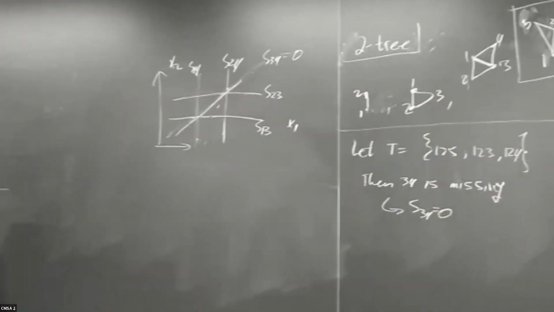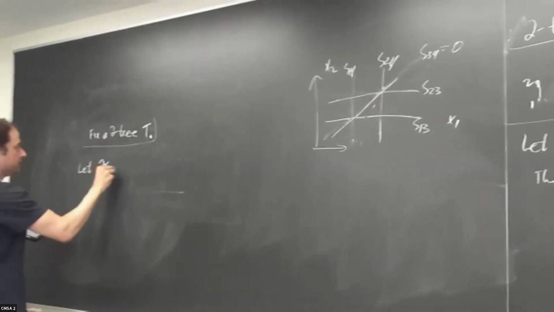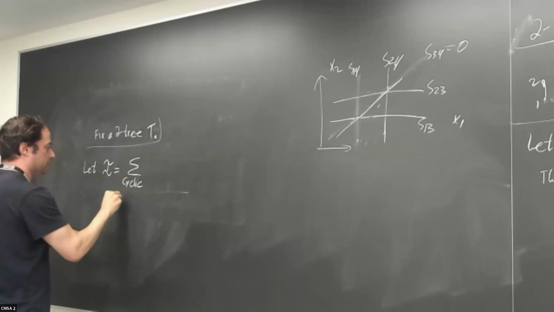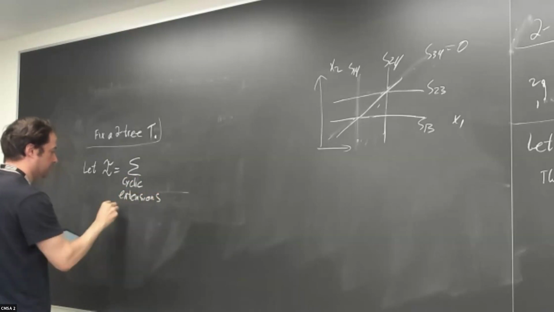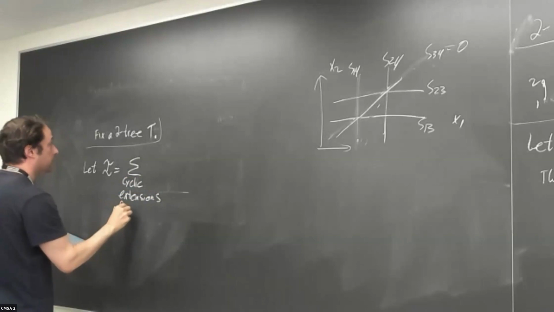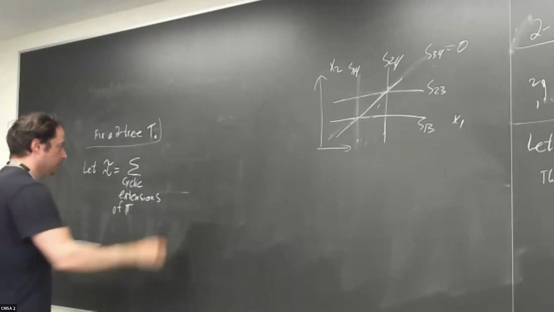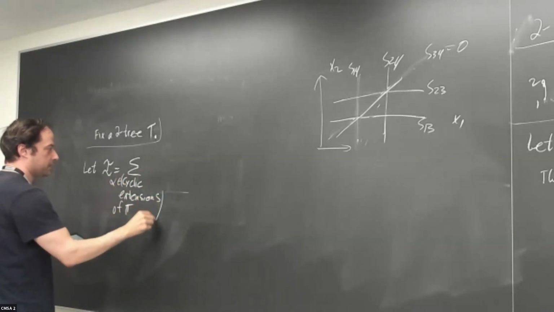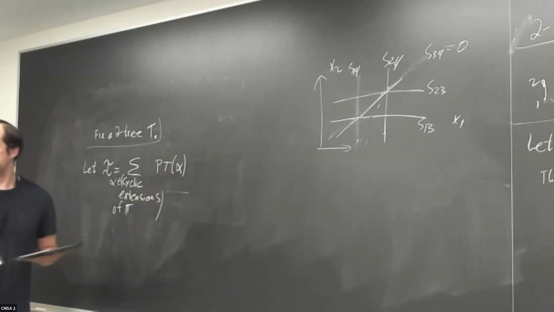So we'll let I equal the sum over the cyclic extensions, which I'll define right now, of T, alpha in the set of those cyclic extensions, PT of alpha.